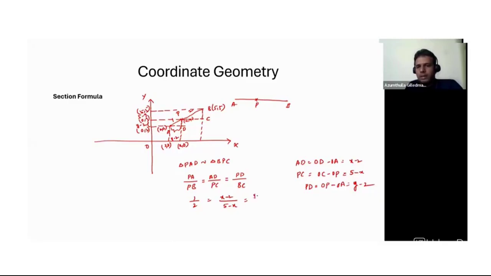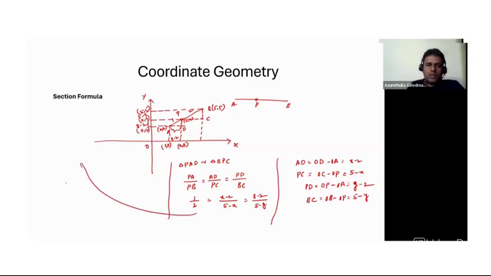So I can write y minus 2 by 5 minus y. What is 5 minus y? That is BC. This distance BC equals OB minus OP. OB is 5 minus OP, which is y. So 5 minus y. That's what I have equated here.